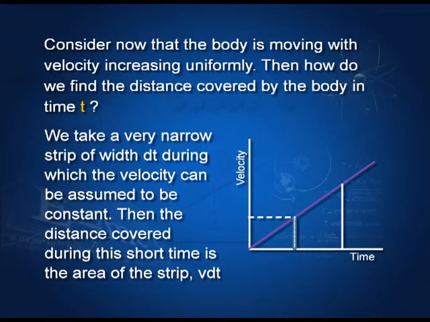For this purpose, we draw very narrow strips on this graph, just like here, and for this narrow strip we can assume the velocity to be uniform, and therefore, the distance covered is the area of this strip.